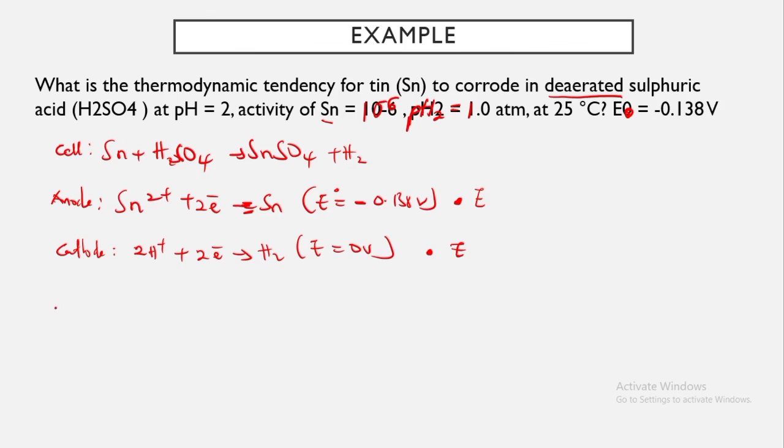Applying the Nernst equation, you are doing oxidation over reduction. In this case, we are going to change the formula; you are not going to use negative. So you are going to get E naught plus 0.059 divided by n, then log.